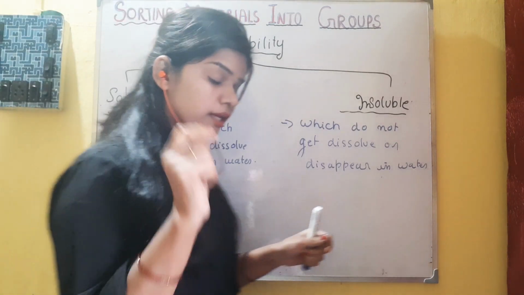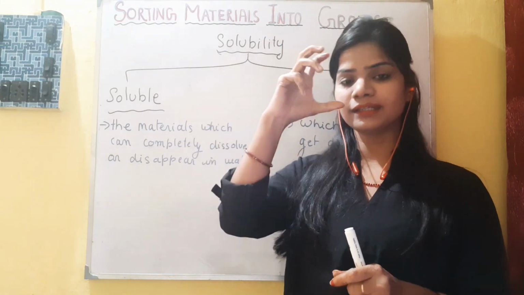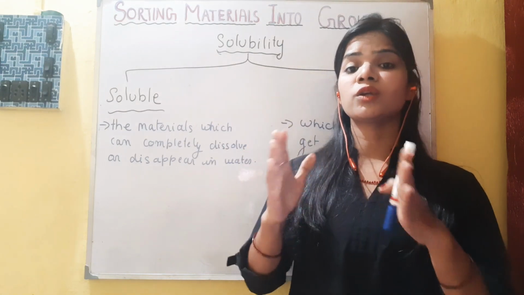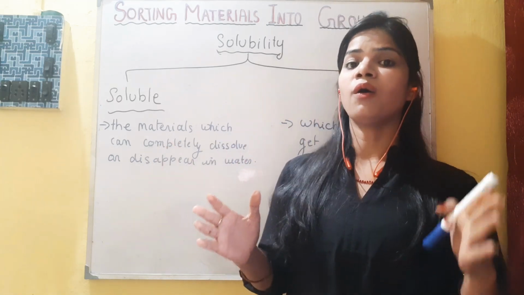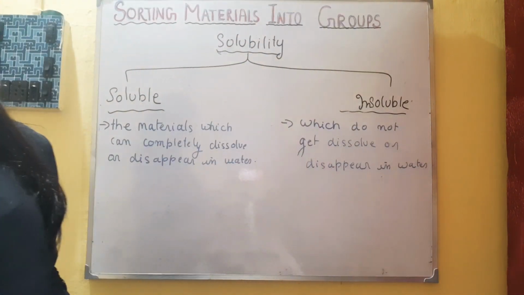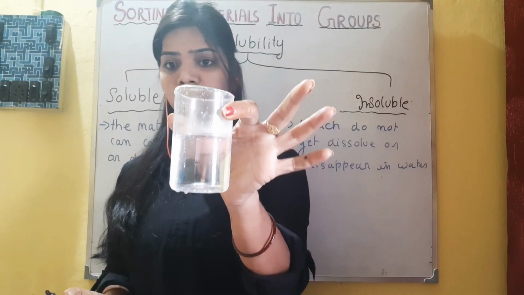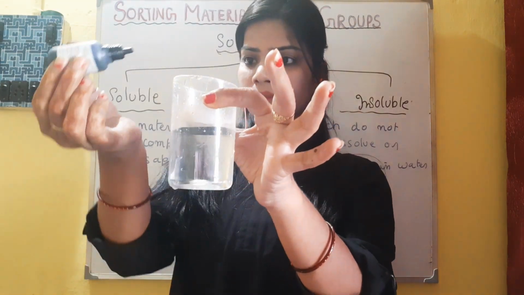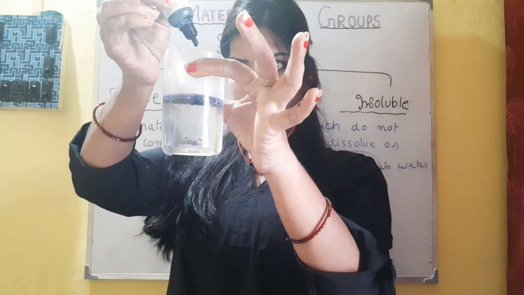If we pour ink in a glass of water, we'll see that the ink completely dissolves. Means we cannot see ink and water separately in the same tumbler or glass. Wait a second. For example, this is water. I'm putting some drops of ink inside this water.